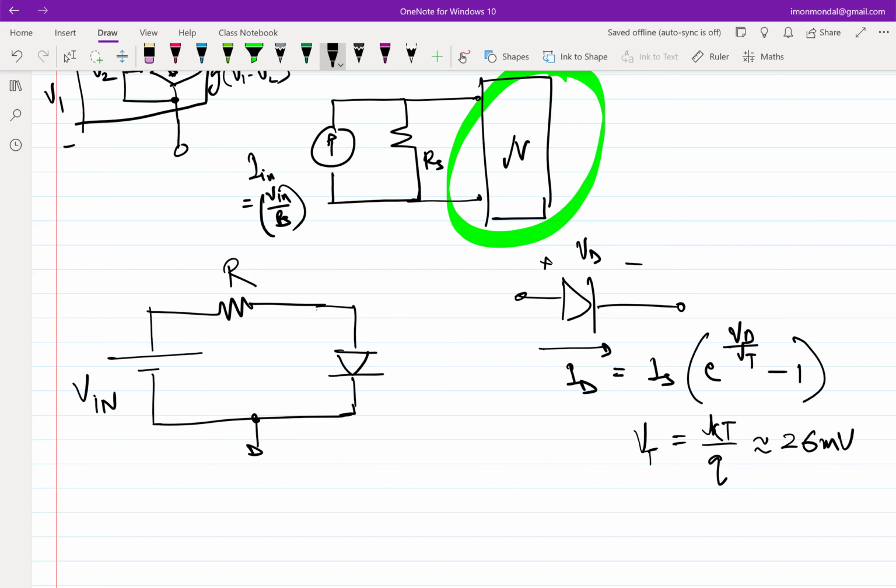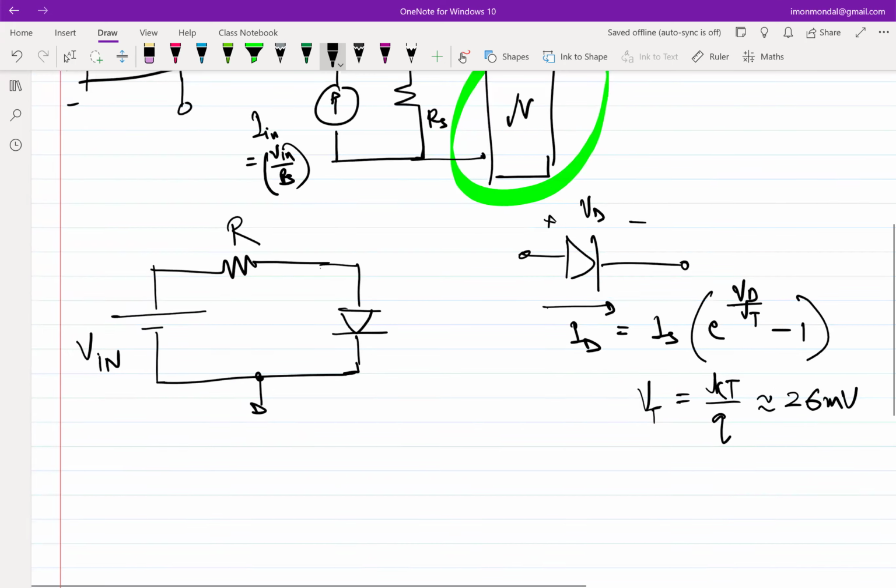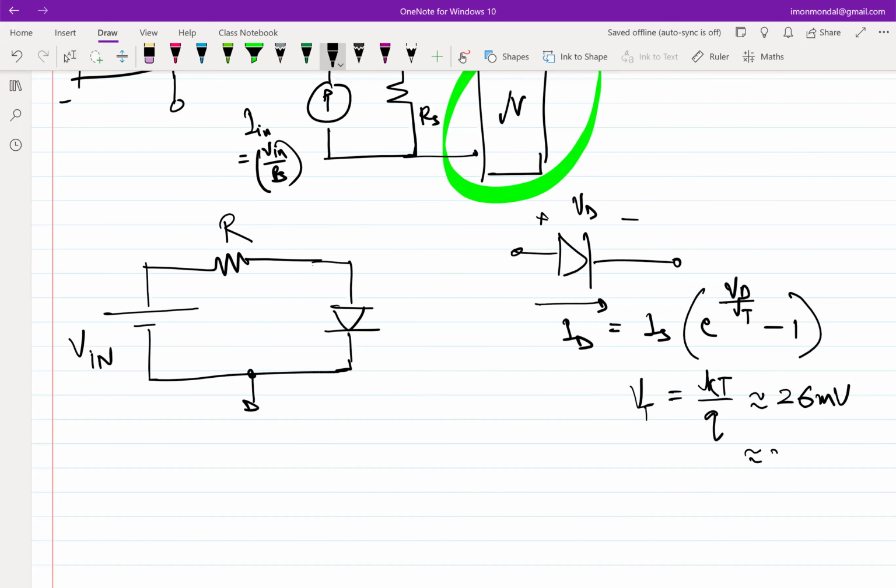Again, we take approximations. 26 is a very unwieldy number to do exam mathematics with. We'll say it's approximately 25. If you don't believe me, I suggest just change the temperature slightly, right? So that's what we'll do for the rest of the course. We'll assume that this is approximately 25.